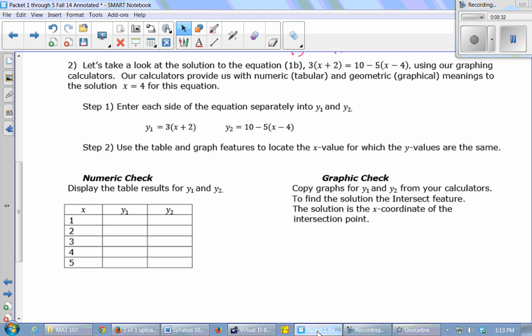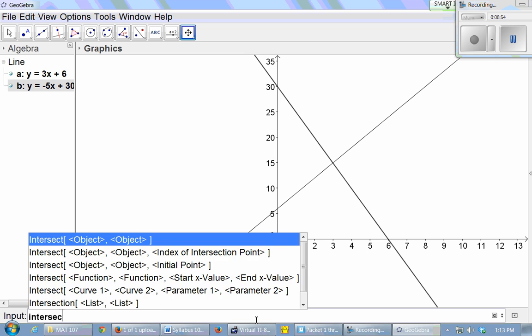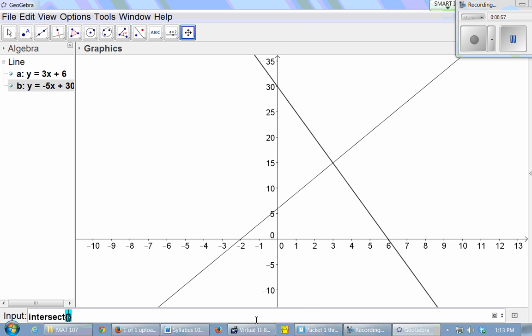Okay, and then my other line is 10 minus 5 times x minus 4. Y equals 10 minus 5 times x minus 4. There's my other line. And then what I need to know is the coordinates of this intersection point. The x coordinate of that intersection point is the solution. So I type intersect, square bracket, oops, square bracket, okay, and the things that I want to intersect, GeoGebra has named A and B, right?